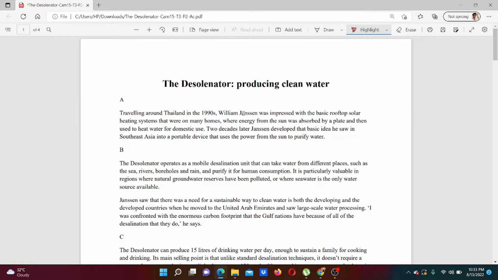Okay, so William Jensen basically got impressed when he saw in Thailand the basic rooftop solar system for basic domestic use. By seeing those solar systems, he got inspired and he developed a product which purifies water by getting the power from the sun.